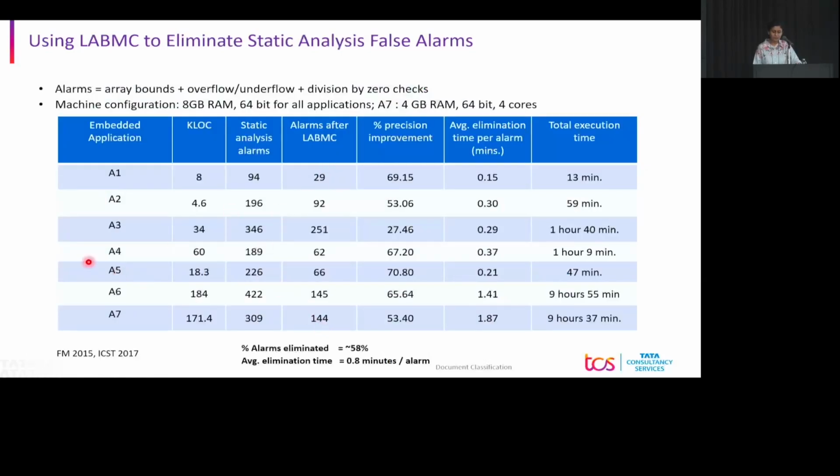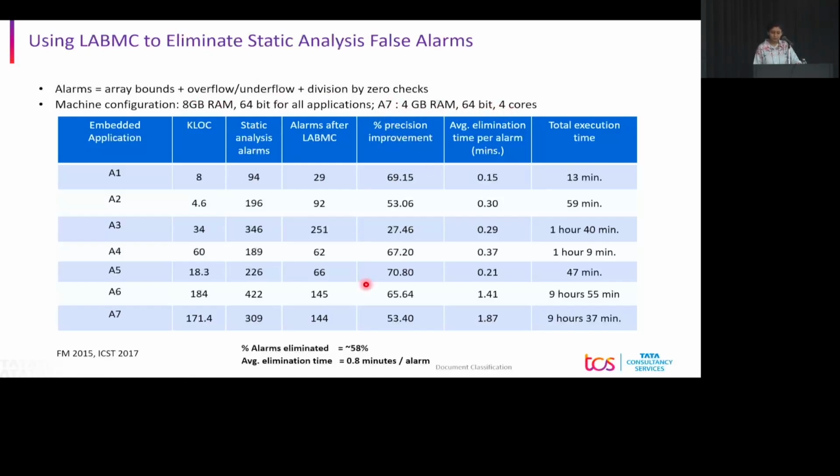And then we did some more applications. There were some 7 applications on which we tried. And here you can see the size of code goes up to 171.4 kilolines of code. These were also alarms generated by static analysis, only 8 GB of RAM. And the properties are also several: array index out of bounds, overflow, underflow, division by 0.